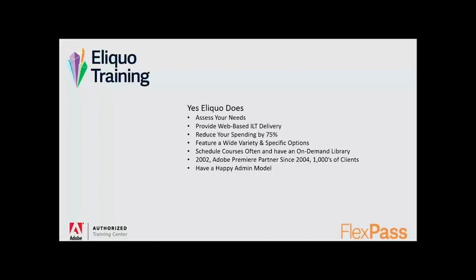We have 25 different courses that pertain to that. So we know the different facets, the different areas that digital content producers fulfill, the different roles. And we've been working with these people for many, many years.